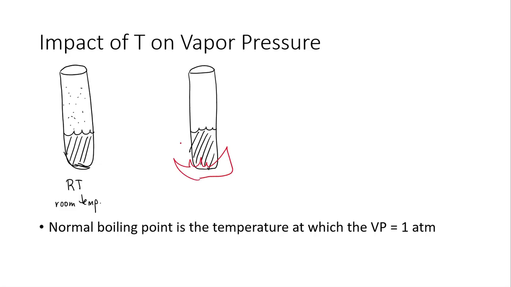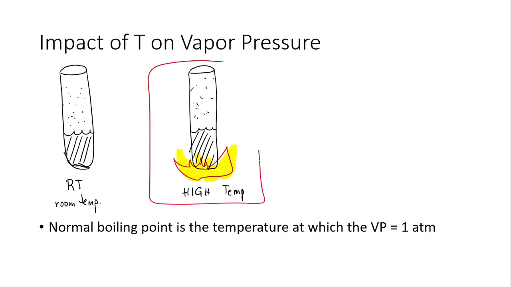So this is my gas. I'll give it some yellow highlighter flames. So this is at high temperature. Which one is going to have larger vapor pressure? And hopefully you guys know it's going to be the high temperature one.